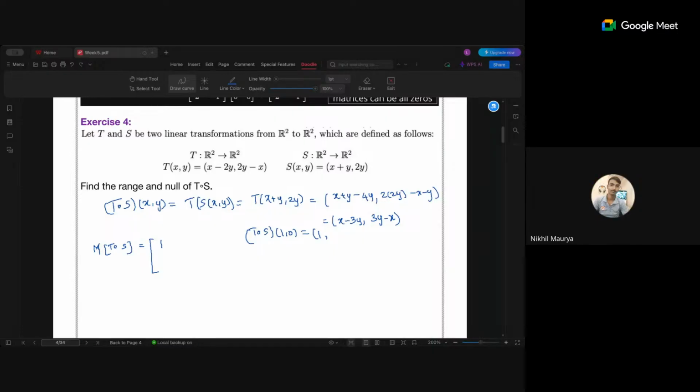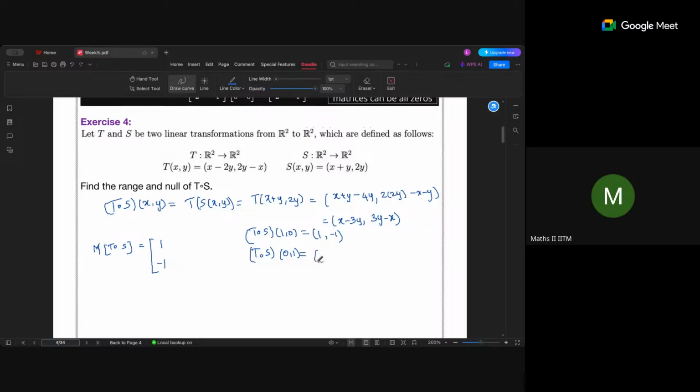Yes, good. Minus 1. So what should be the first column then? 1, minus 1, right? What is T composition S of (0, 1)? Minus 3, 3. Okay. So this is minus 3, 3.